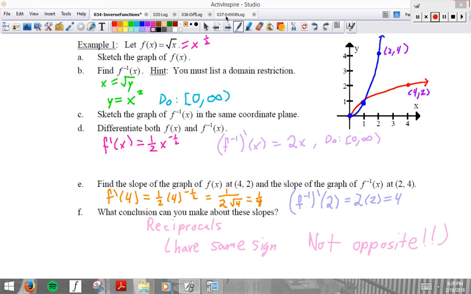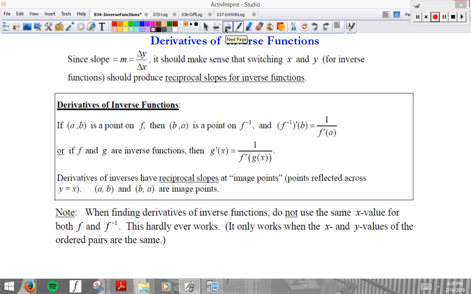They are just reciprocals. All right, whenever we state this rule in the box at the bottom of your paper, people get bogged down in the details, okay? Don't worry about the details too much. In the next video, we're going to go through how to use this rule. But just to close out this video, since slope is a change in y over a change in x, and since inverses switch x and y, that's another way to remember that inverse functions have reciprocal slopes, not opposite.